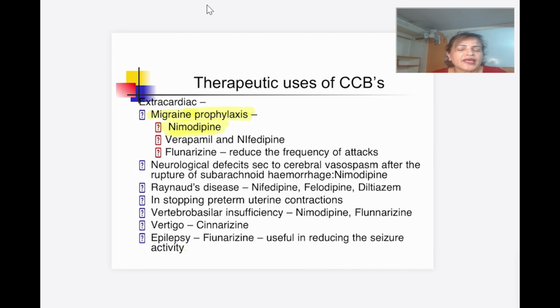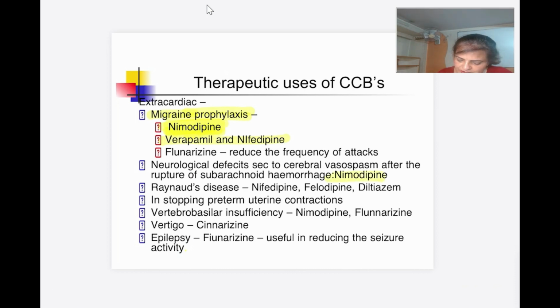The initial attack of migraine is because of vasoconstriction. When I take a video on migraine, I will explain it there. Nimodipine is used for migraine prophylaxis. Then another one is verapamil, nifedipine and flunarizine. So these we can use for the migraine.